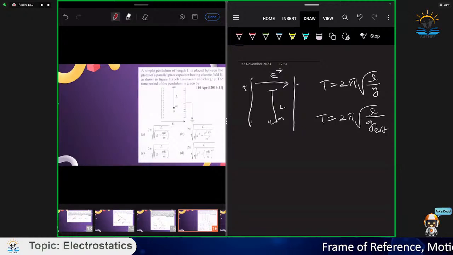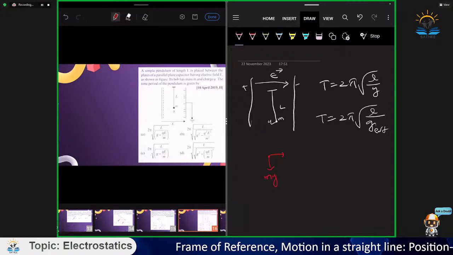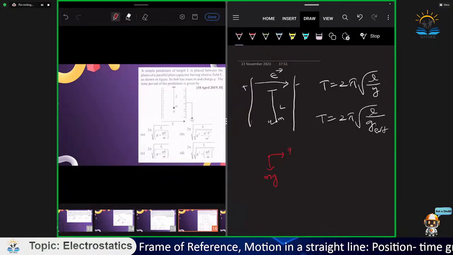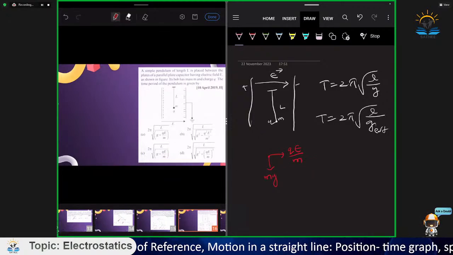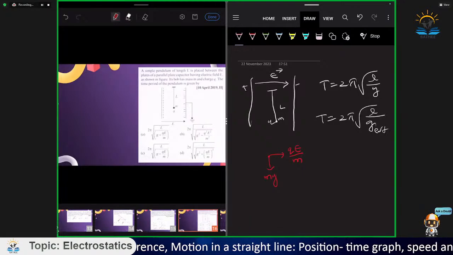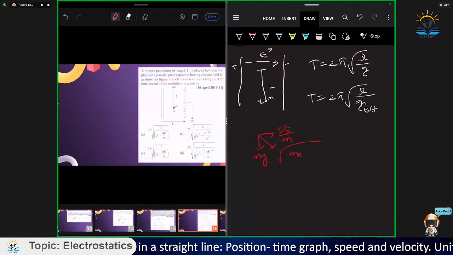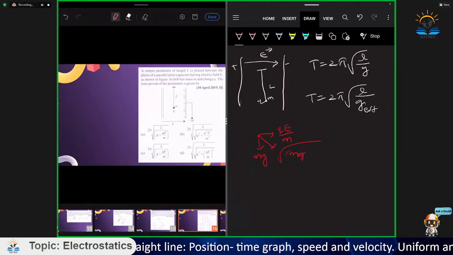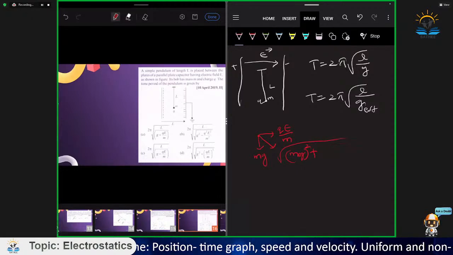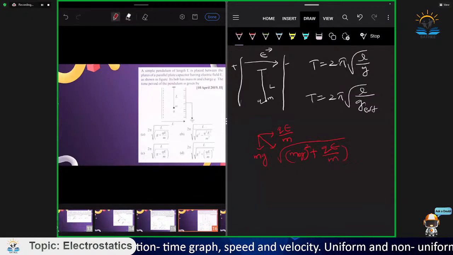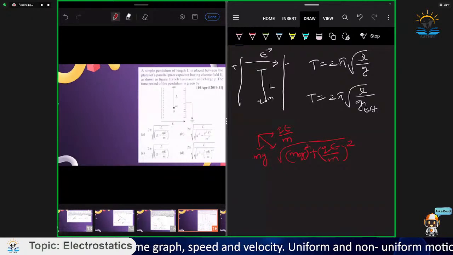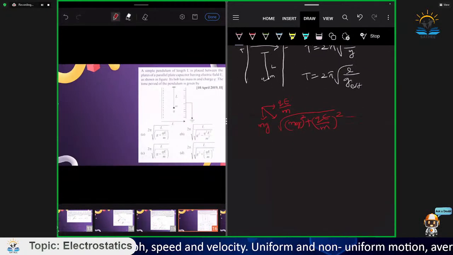For finding out the g effective, see, this is the free body diagram of the point mass m, mg acting downwards, and because of the electric field, force qE will be acting sideways. So the net force will be along this. That will be root of mg whole square plus qE whole square. This will be the net force.